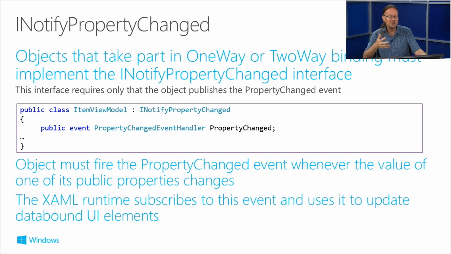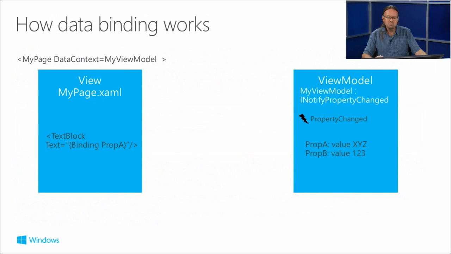That behavior is encapsulated in this interface called INotifyPropertyChanged. So that INotifyPropertyChanged interface simply says any class that implements this must have a PropertyChanged event. What happens is the view actually subscribes to that event and gets notified, and whenever that event fires, it will go off to the view model and find out what has changed. So this is what it looks like.